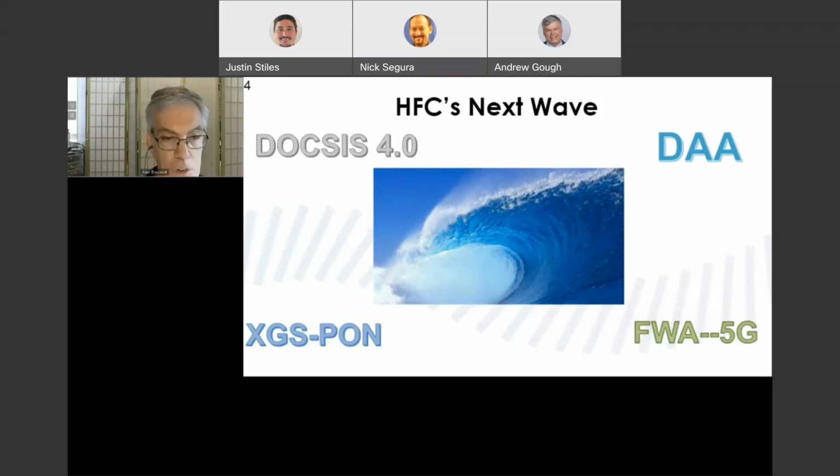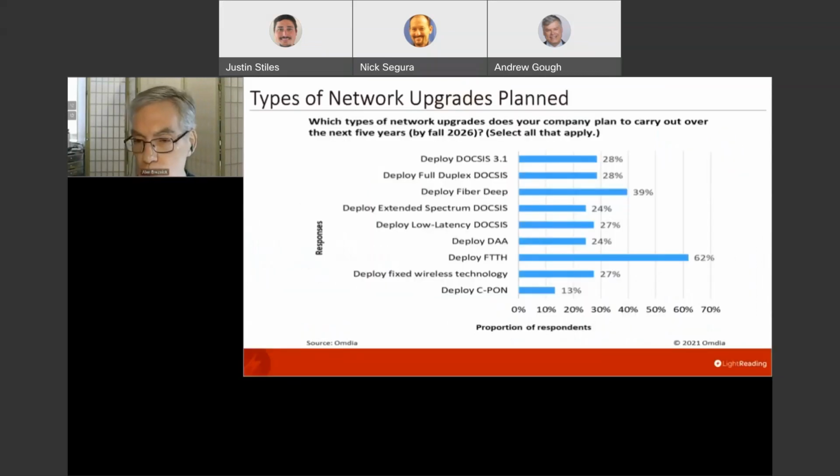Okay, so those are some of the kinds of new technologies that cable networks are getting ready for. So let's talk about the types of network upgrades planned. We'll turn to a couple data points from our latest annual survey that we do of cable operators and other wireline providers that we do in conjunction with SCTE.